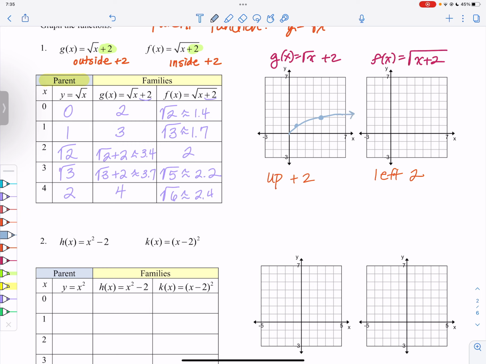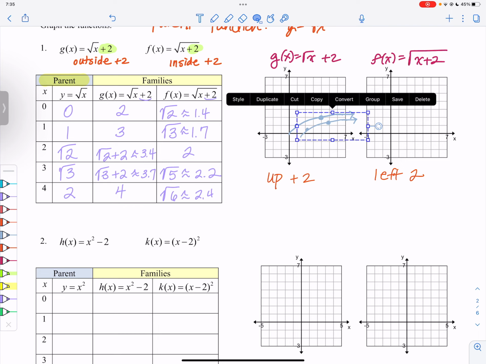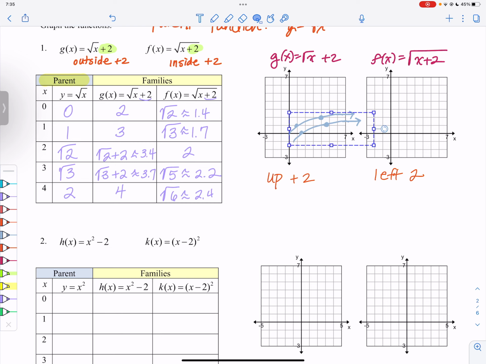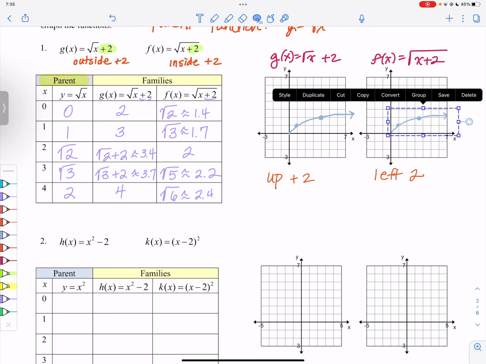This is the parent function, and then I'll just copy that, or I could just move it over there. And then we might have another graph.